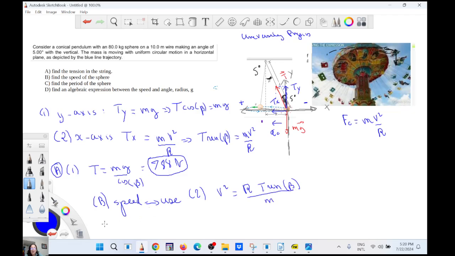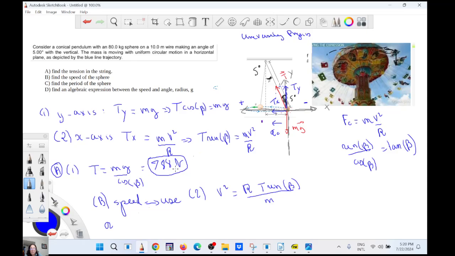Or let's do it a different way. You have a sine here and a cosine there. Sine over cosine is the tangent. So that's a different way to do it.